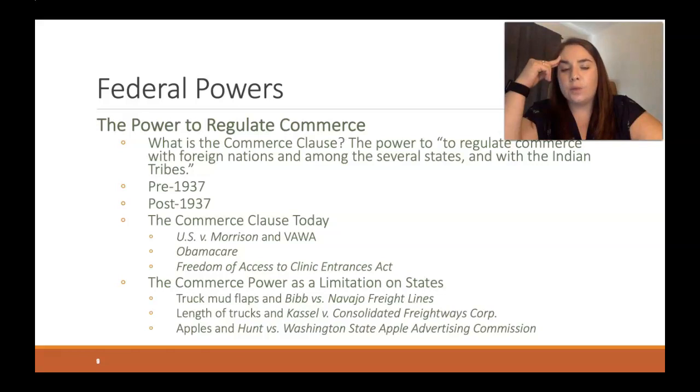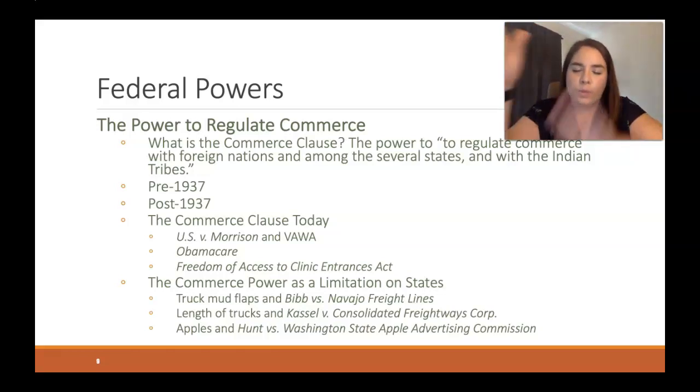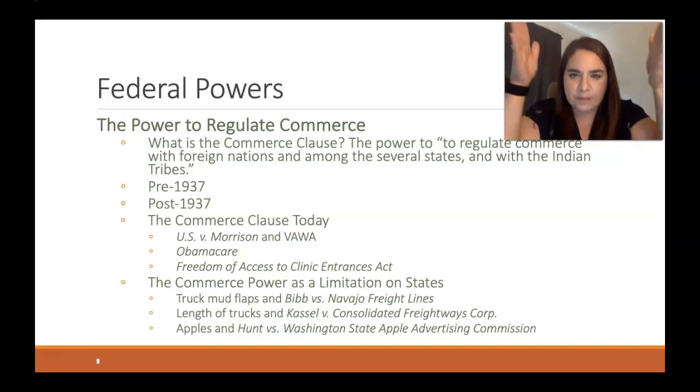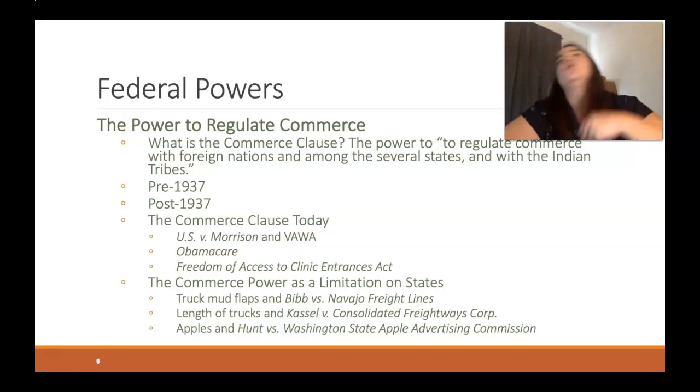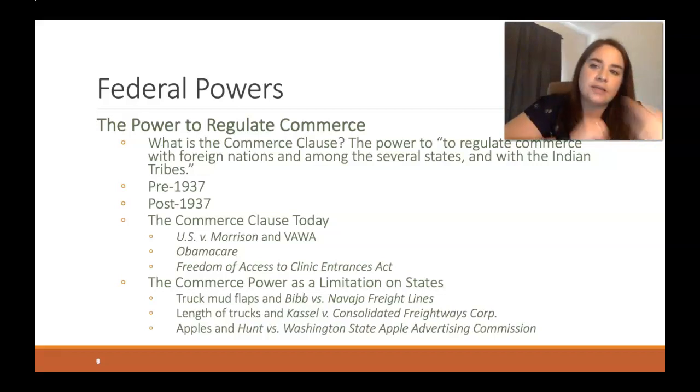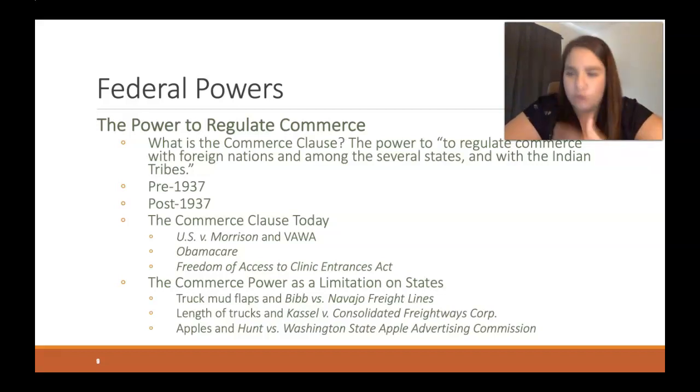A state in the Midwest passed a law that said all big rig trucks passing through its state had to be equipped with special mud flaps. And you couldn't drive through the state if you didn't have the mud flaps. And so it would force out-of-state folks, folks that didn't operate out of that state, to stop at the border, switch out their mud flaps, and then continue through the state. And then once they got through the state, take them back out of the truck.